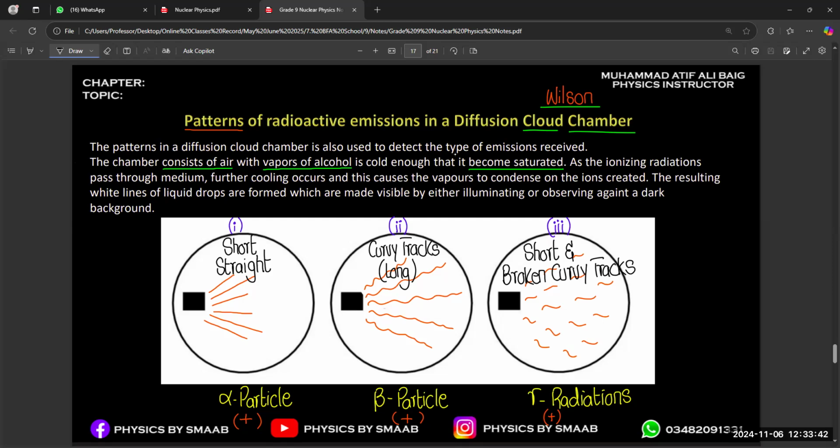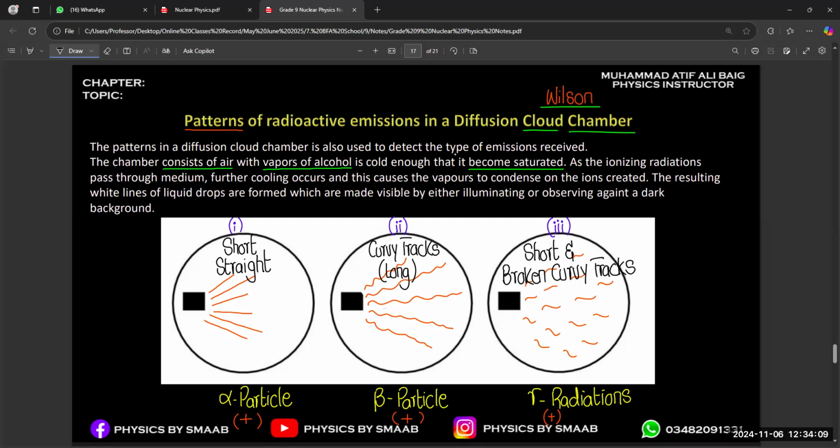So these are two names that help you detect alpha, beta, or gamma radiations. The first one is the GM tube. The GM tube is for detecting the radiation coming out from any radioactive particle in the form of alpha, beta, or gamma.